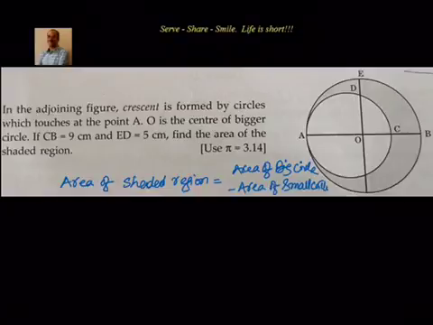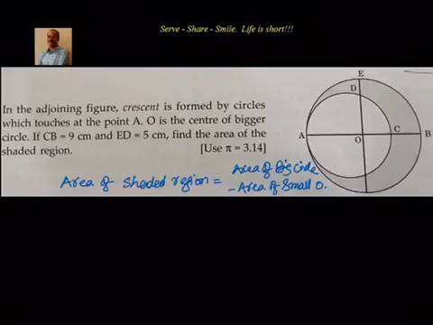We have to find out first the areas of these two figures, then we have to subtract one from the other. But to find out the area, we need to know the radius. We don't know the radius of these two circles. So we have to find out the radii.